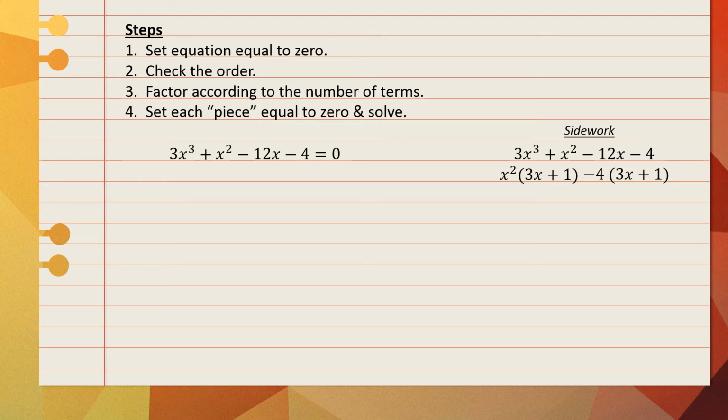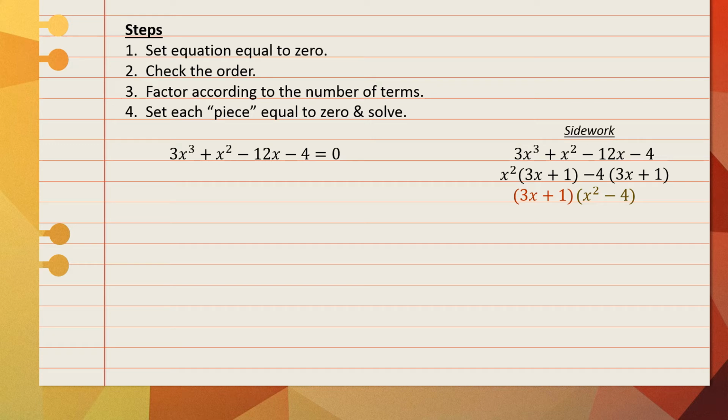Since we factored the first 2 terms and the last 2 terms, now the GCF is visible. Both pieces have a 3x plus 1. And if we factor out a 3x plus 1, that leaves us with x squared minus 4. So we have factored it, but now we want to make sure it's completely factored.